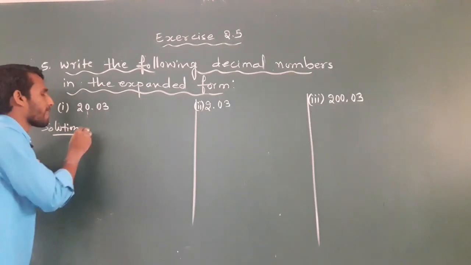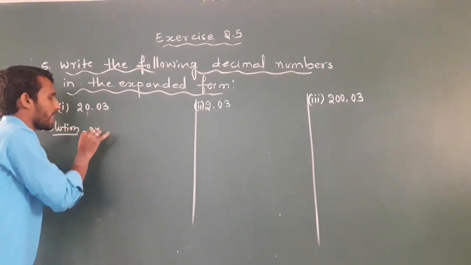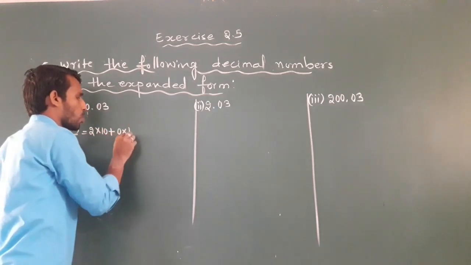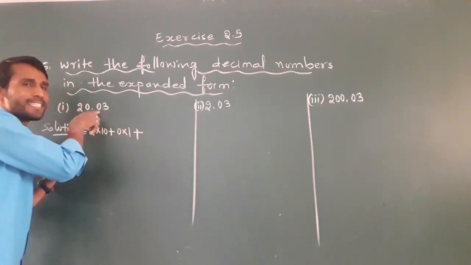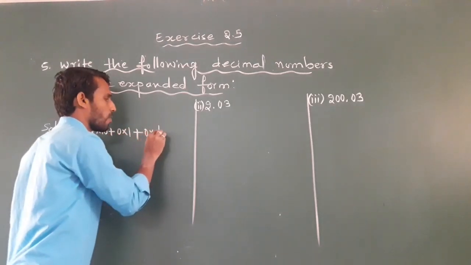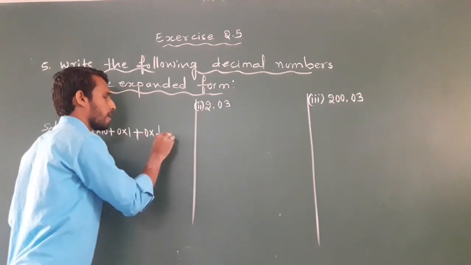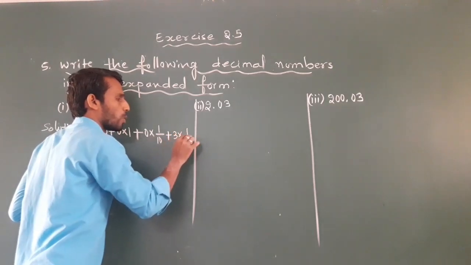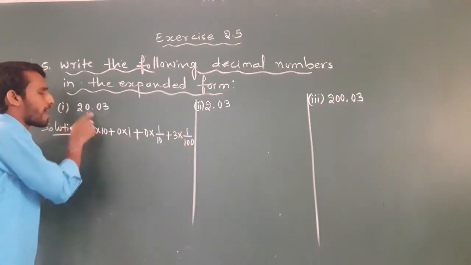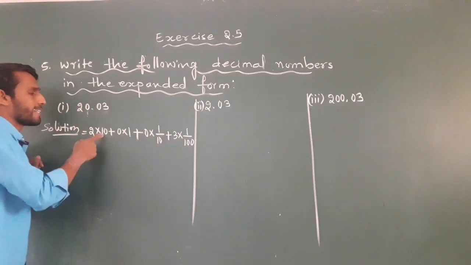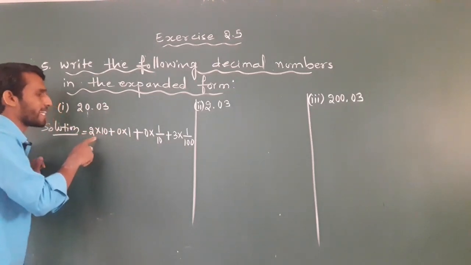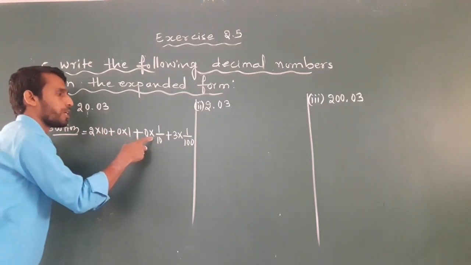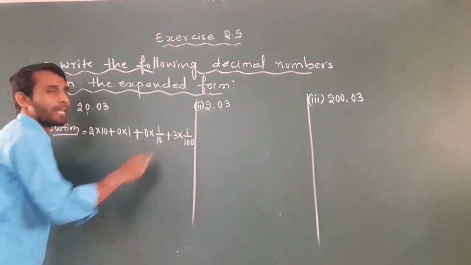In the expanded form, we get 2 into 10 plus 0 into 1 plus 0 into 1 by 10 plus 3 into 1 by 100. This 0 is the 1's place and 2 is the 10's place.